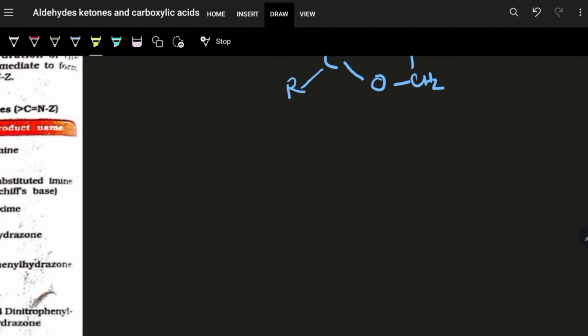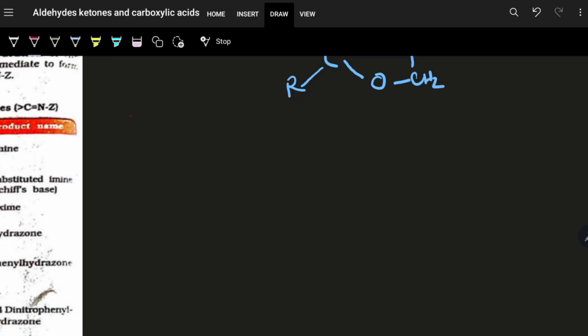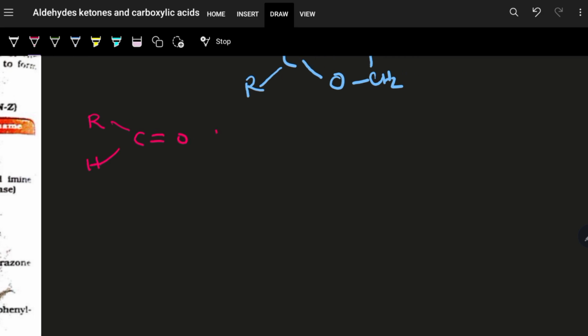So let us see that. If I have to write any carbonyl compound, R C double bonded O, when I'm giving H it is aldehyde, and aldehydes are more reactive than ketones towards nucleophilic addition.